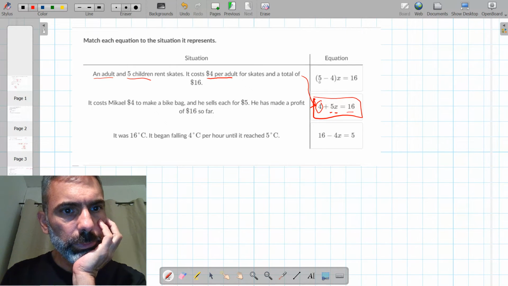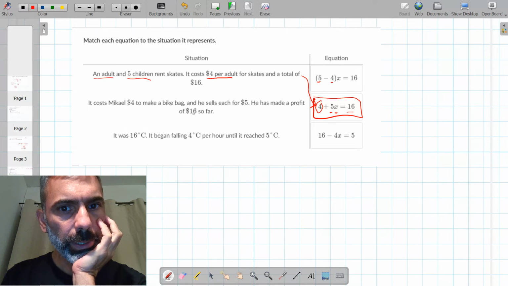Okay, so that's the amount he sells each bag. He sells each bag for $5. $4 represents the cost of making the bag.